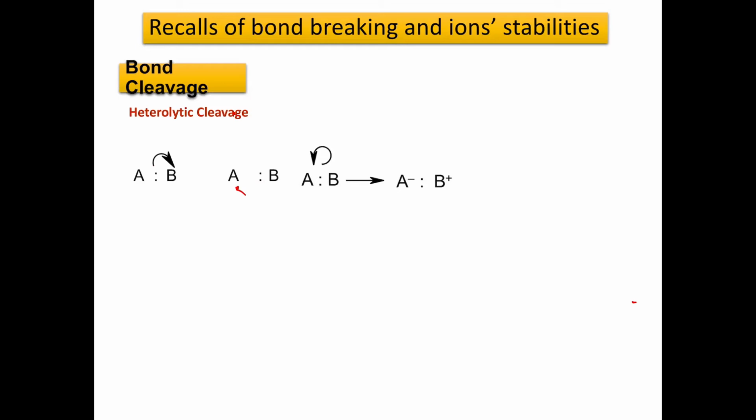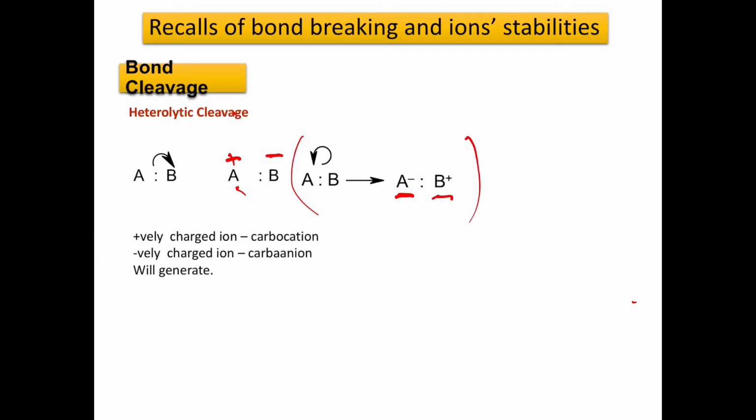like here. There is a cation in that structure because the 2 electrons of the bond go here, and there is a negative. If you look at that structure, A becomes negative and B becomes positive. A positively charged ion, carbocation, and a negatively charged ion, carbanion, will be generated.